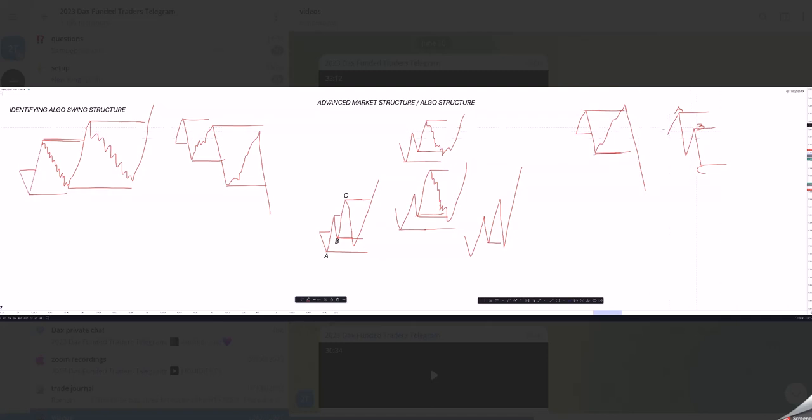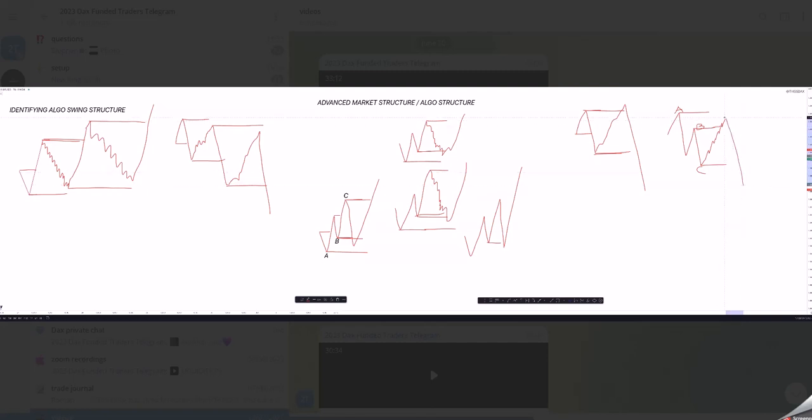So that means when you have something like this instead, you want to wait for price to do something like this instead. Now you can say, okay, you expect the substructure to take out the B first. After price takes out the B, then you can expect the continuation of the trend.